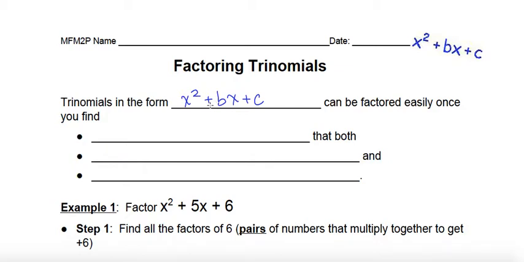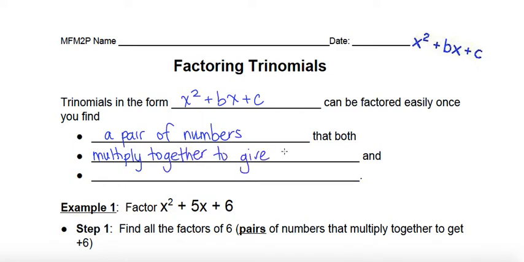So this can be easily factored once you find a pair of numbers that both multiply together to give you the value of c, and those same two numbers will add together to give you b.